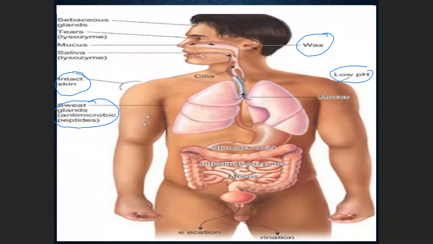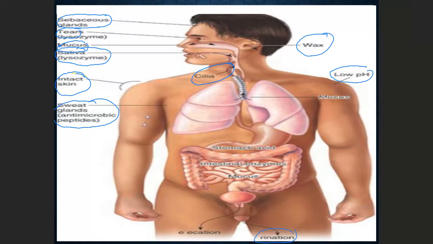Low pH in our skin. Cilia are a physical barrier in our respiratory tract. The cilia remove many bacteria from the lower respiratory tract up into our mouth. Saliva also has lysozymes in it. Mucus in the nose, tears, and then oil glands in our skin.